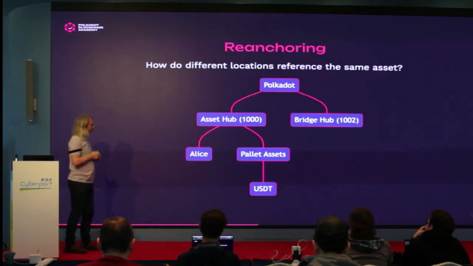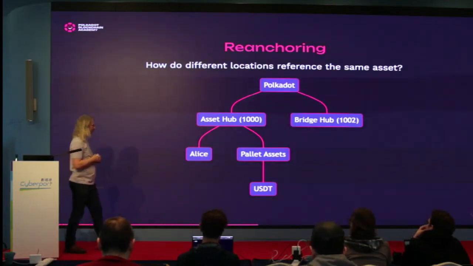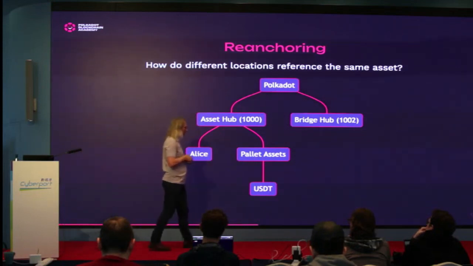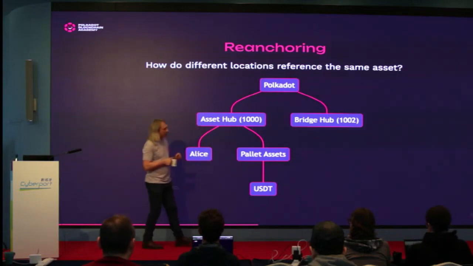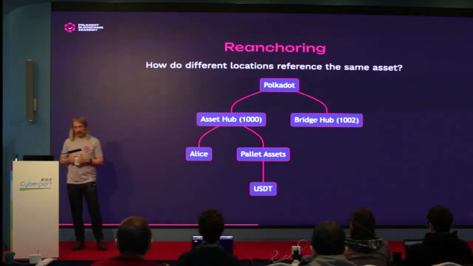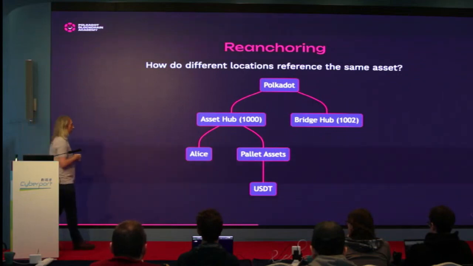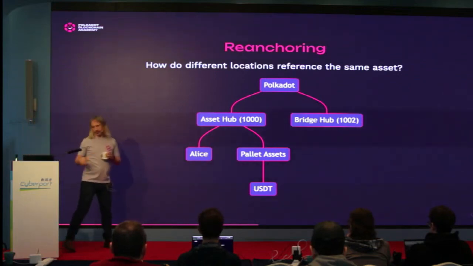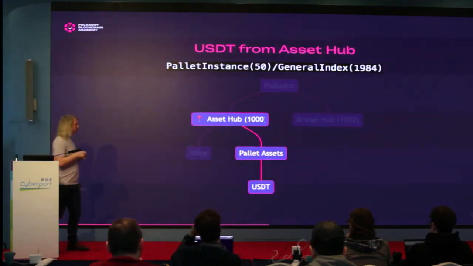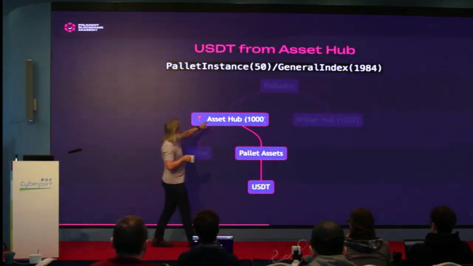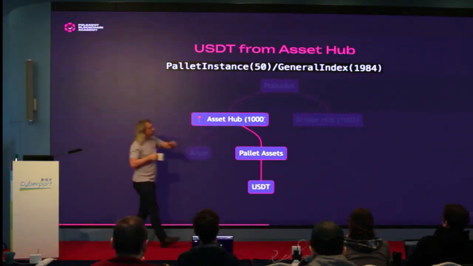Now, what we do in this case is for the instructions that incidentally contain a location, in particular the asset instructions, things like withdraw asset, we apply something called message re-anchoring on them. So in this case, if we're sending USDT over, it's Pallet Assets USDT, okay?